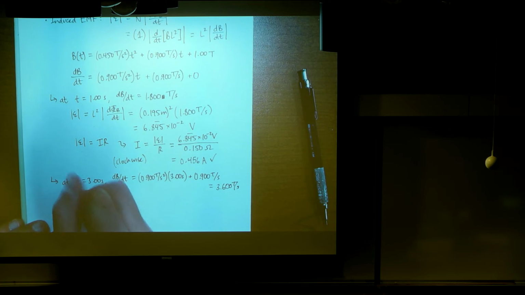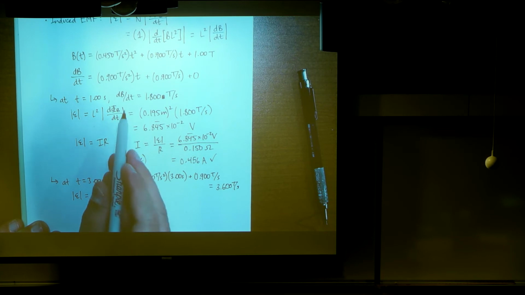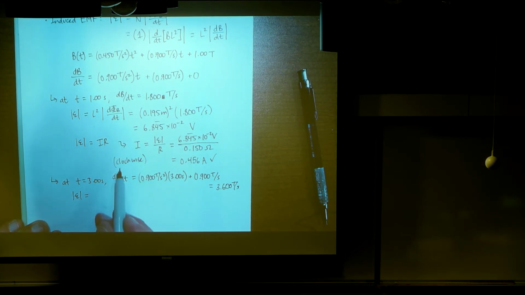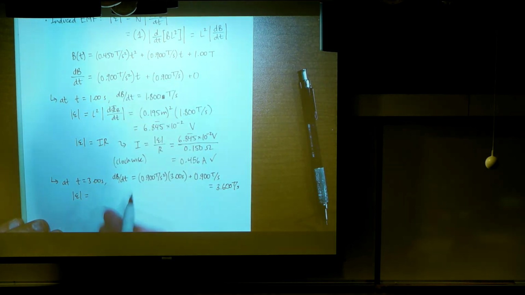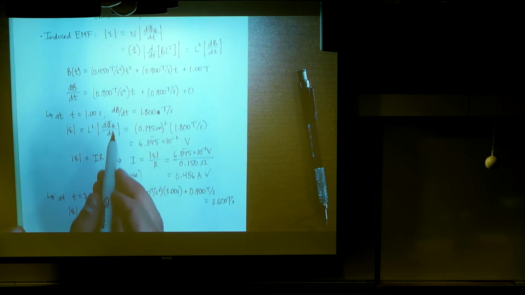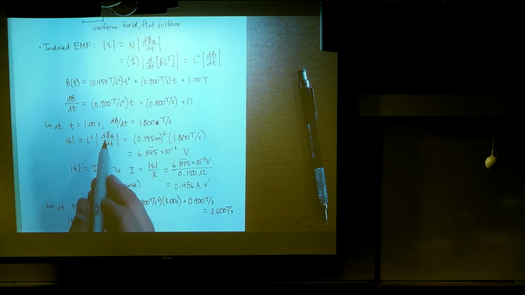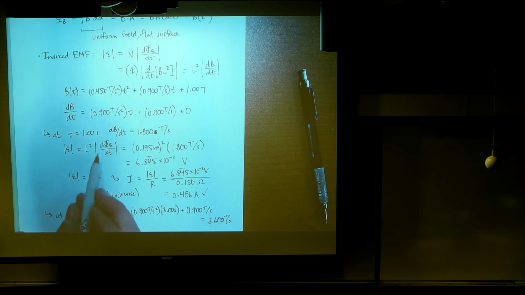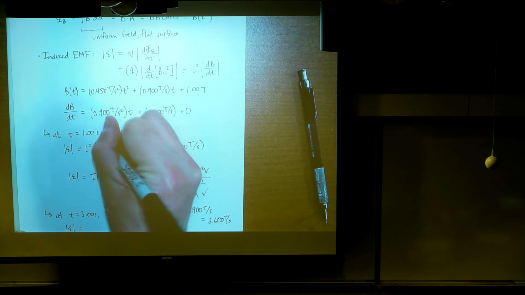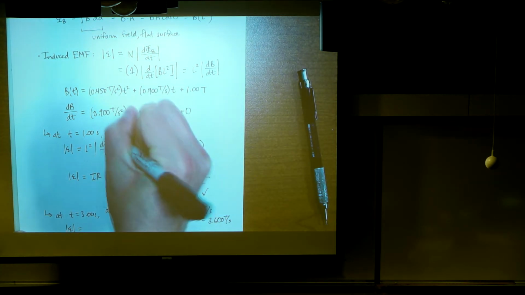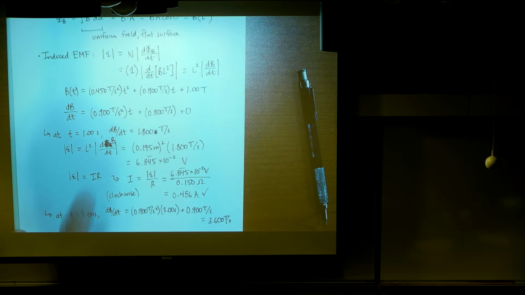That means the induced EMF, we have the formula, so I don't have to work it out again. It's just, remember, L squared times the, oh, I'm sorry, guys. Can I back up a second? I made a small typo. Right at this line here, where it said L squared times, this should just say dB/dt, okay? That should just be the derivative of the magnetic field with respect to time.